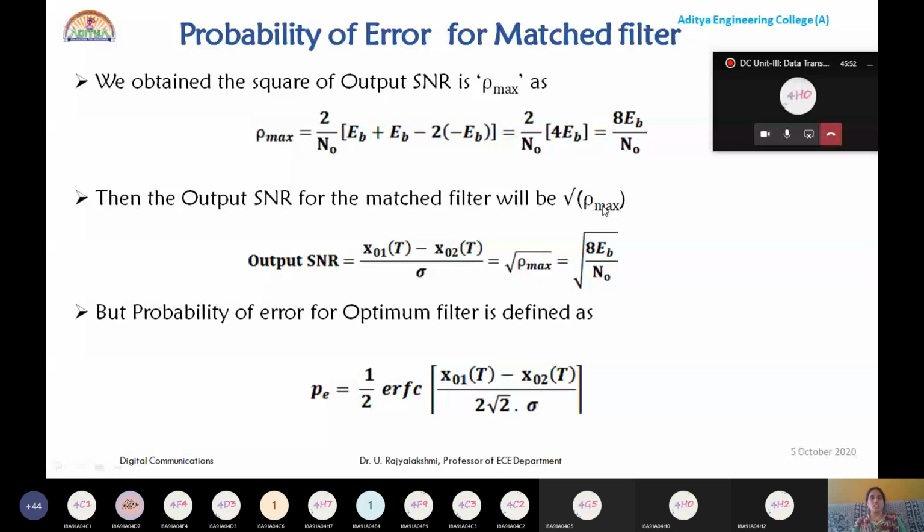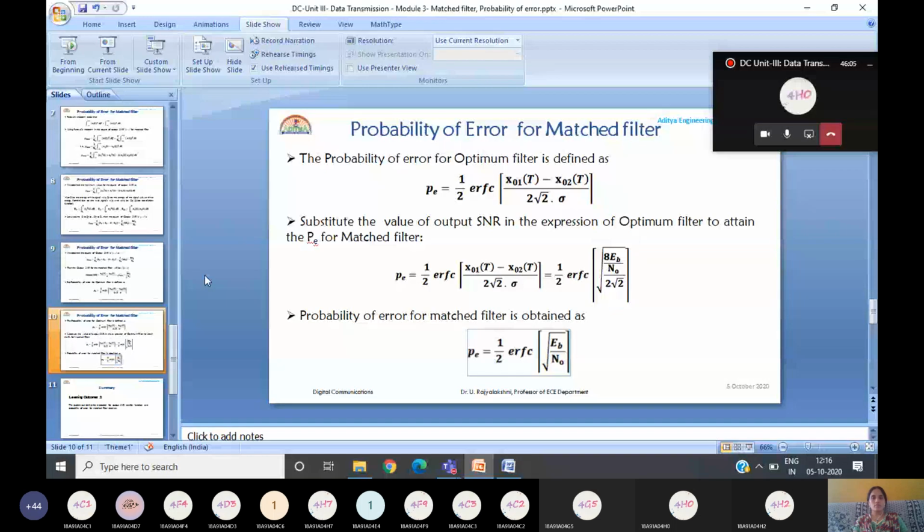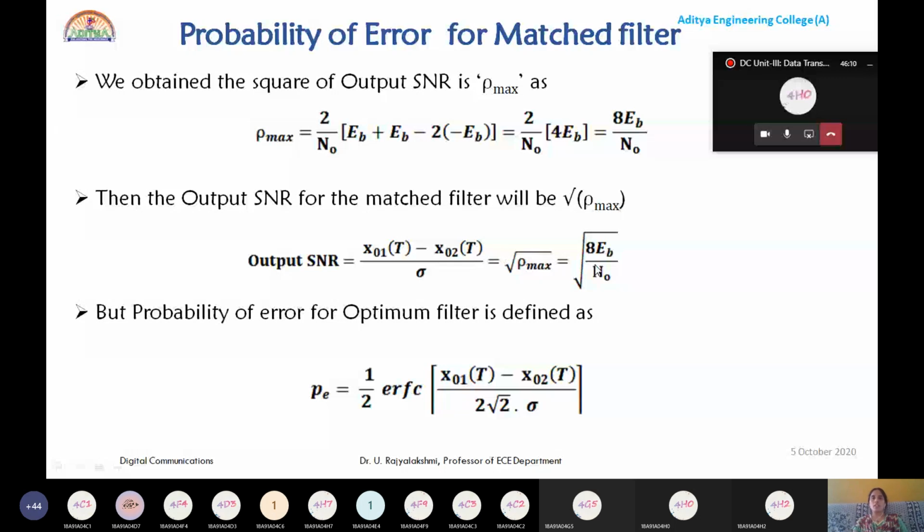So output SNR is defined as change in output signal divided by change in the noise component. Okay, so it will be equal to root rho max, but rho max we obtained as 8 EB by N naught. So root 8 EB by N naught will be our output SNR.